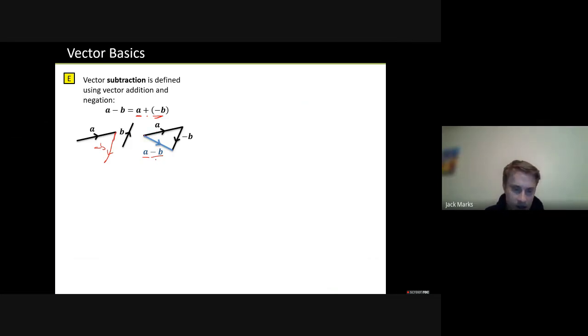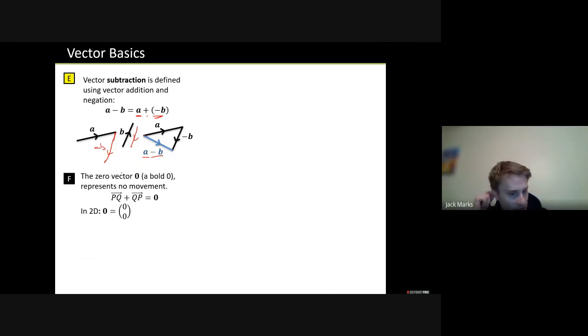I've seen an exam question come up for this that was very, very poorly answered because you needed to reverse b and talk about minus b and do something just like this. That's why this one is in yellow, because it's an important idea that causes quite a few misconceptions.